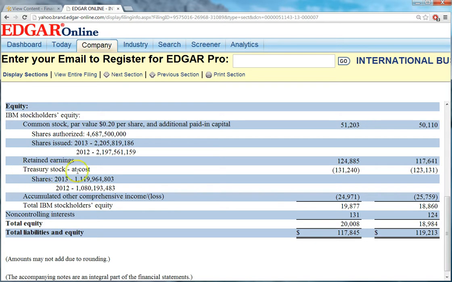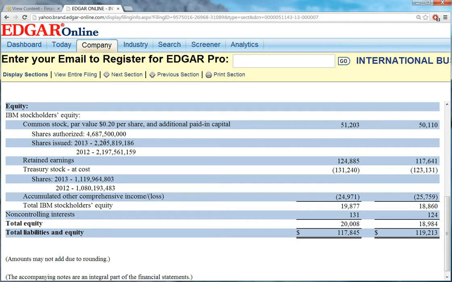The next component to shareholders' equity is Treasury Stock. And we can see that there are just over 1 million shares being held in Treasury. Now what that means is we have to be very careful about how we interpret this. So over the history of the company, IBM has issued, as of September, 2.2 million shares of stock.